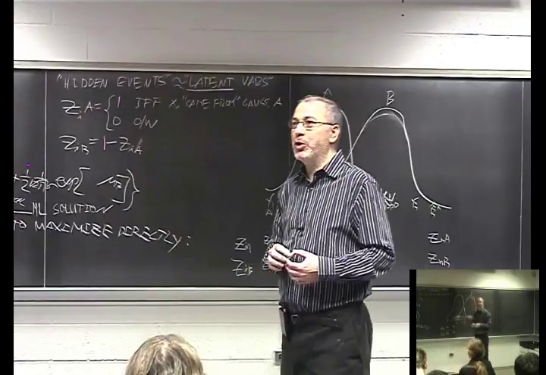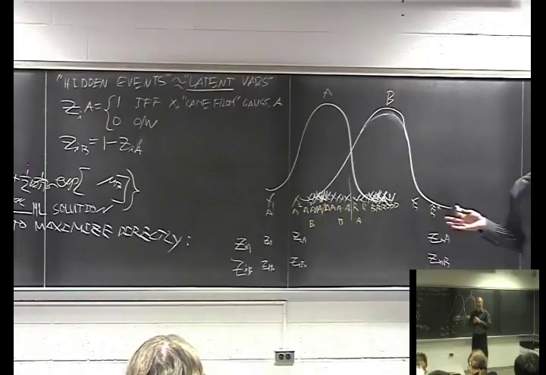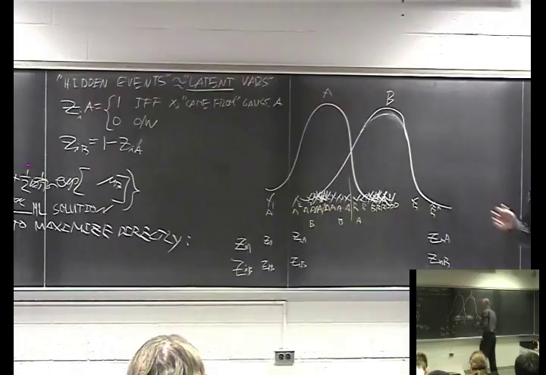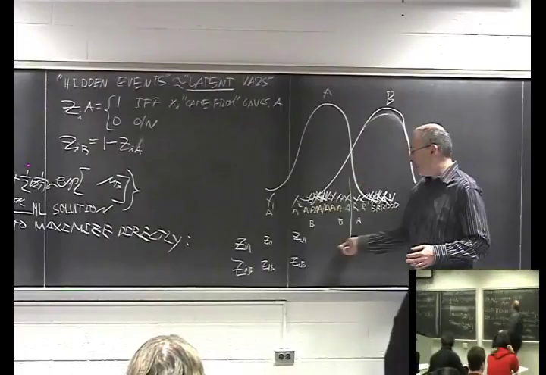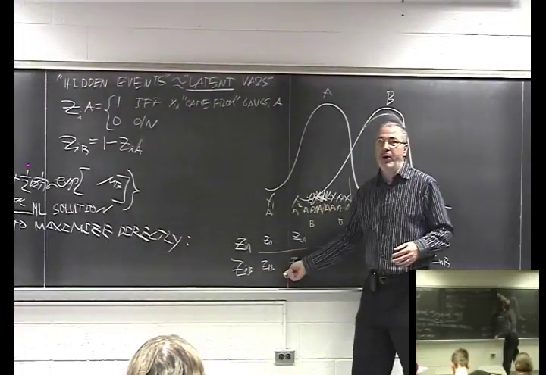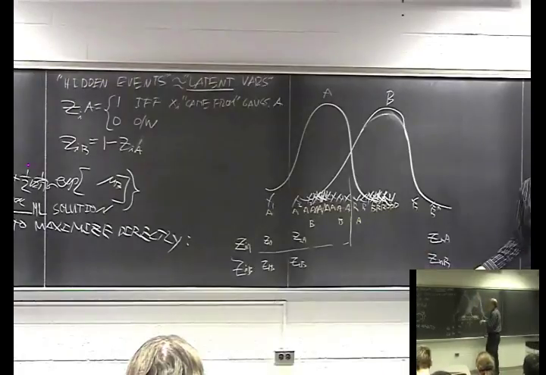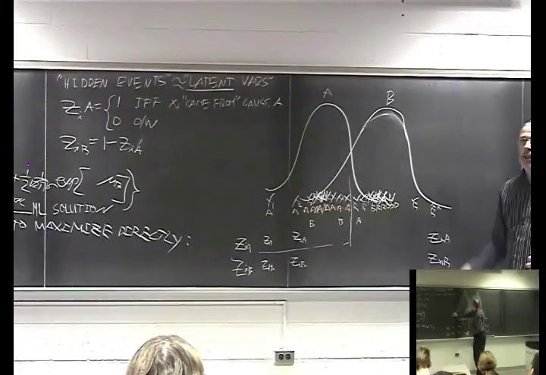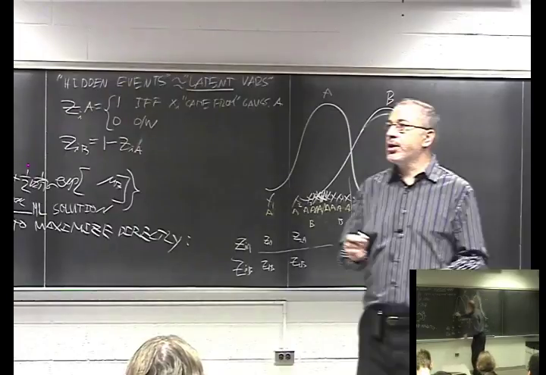So suppose we had some tentative values of the mu's. So we guessed some values of the mu's. So now we don't know the true mu A and mu B. We guess them, and we will guess them a little different than they really are. Let's say mu A would be here, and mu B will be here.